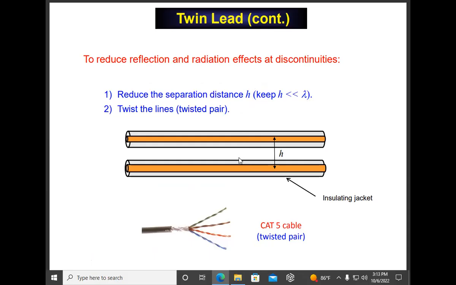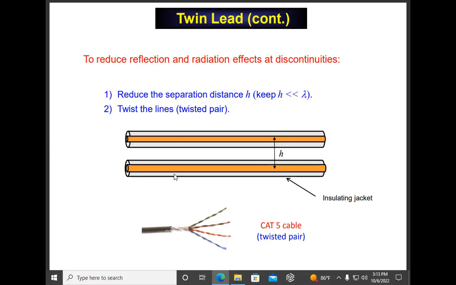And then even better, if you remember, we talked about this before, twist them. Why does that work? Because then the two currents, they're already equal and opposite like this. But then not only that, but as you go from one section to the next, these two things reverse, right? And so you've got a section where radiating currents are different here than here. So in other words, you've got two currents that are almost canceling because the currents are equal in the wires.